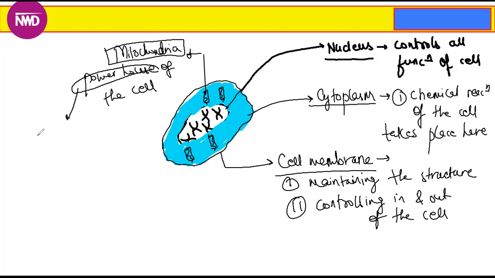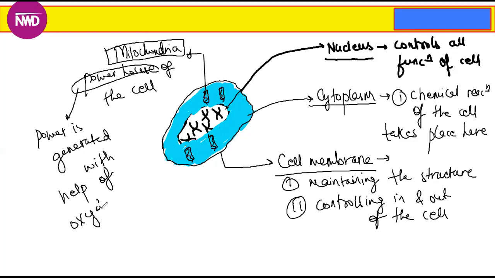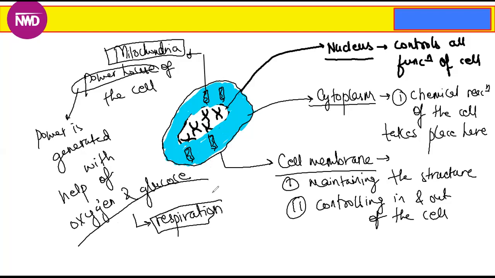Because here power is generated, how? With the help of oxygen and glucose. And this process of converting oxygen and glucose into energy is known as respiration. I hope this is clear and the animal cell is a little bit clear to you all.